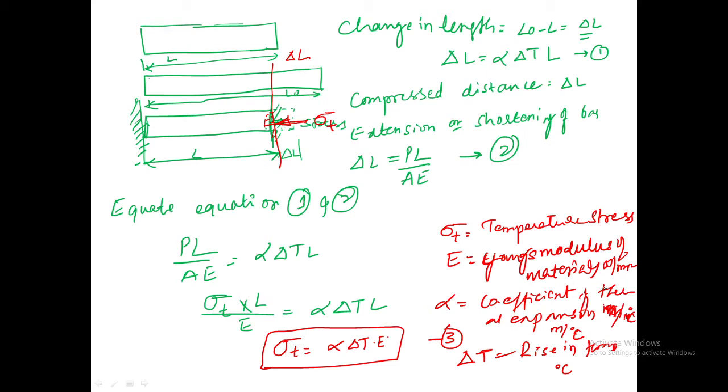Young's modulus is Newton per mm square. Stress is also Newton per mm square. So by this equation you can calculate temperature stress.